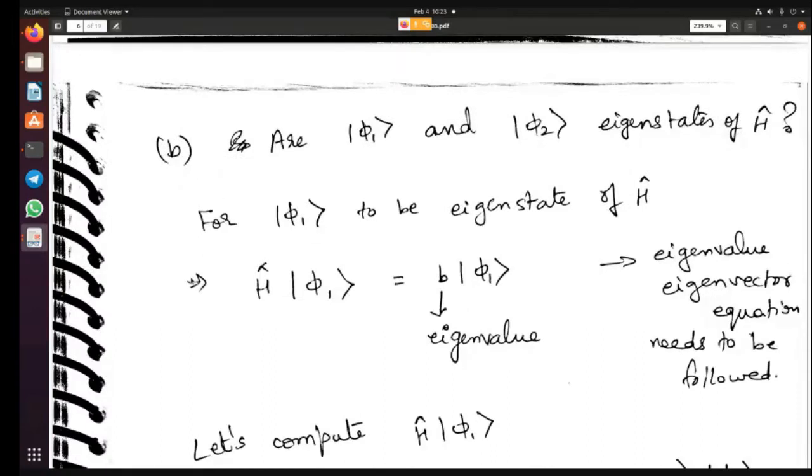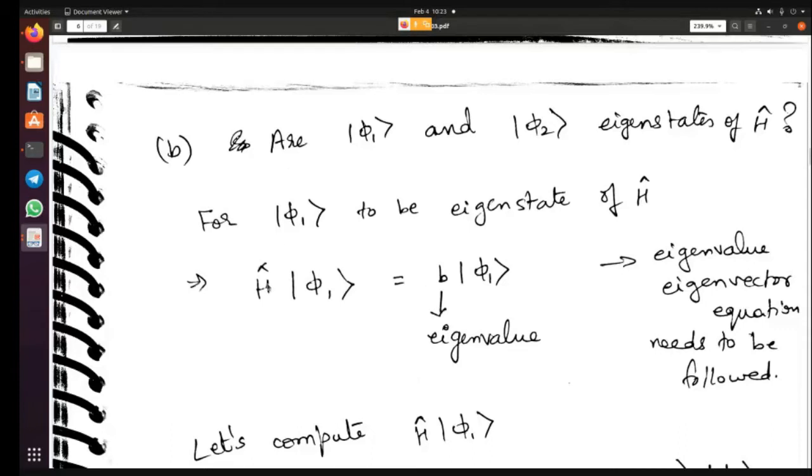Now, the second question is, are phi 1 and phi 2 eigenstates of the Hamiltonian operator? The only thing that has been given to us is that phi 1 and phi 2 are eigenstates of some Hermitian operator A. We don't know what that A operator is, but we know what the H operator is, and it is asking us whether phi 1 and phi 2 are eigenstates of the H operator. So how do we check?